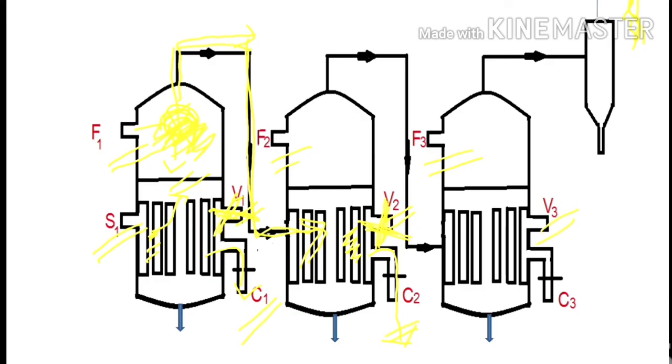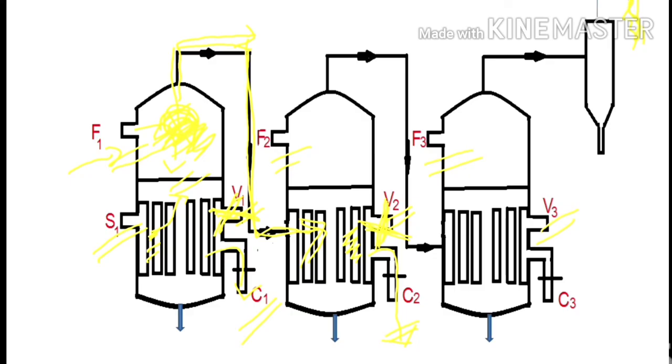As the boiling proceeds, the liquid level in the first evaporator comes down. So feed is introduced through the feed inlet to maintain the liquid level constant. Similarly, we can also use the F2 and F3 feed inlets to maintain the liquid level in the respective evaporators.